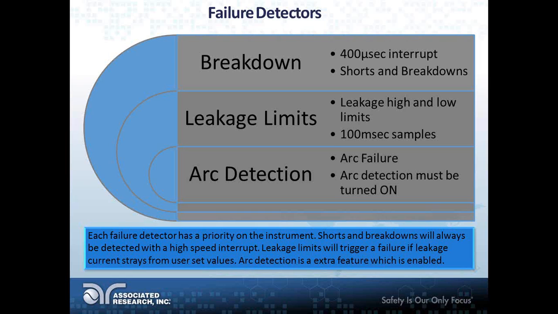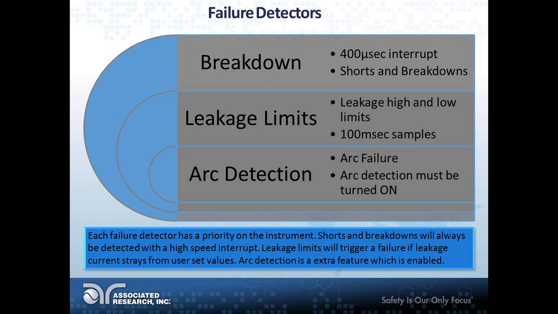Starting with breakdown. Now, in the previous webinar, I believe Nick did talk about breakdown, but just for our review, a breakdown is a condition where a large amount of leakage current is flowing as a result of the high voltage being applied and the insulation being stressed.